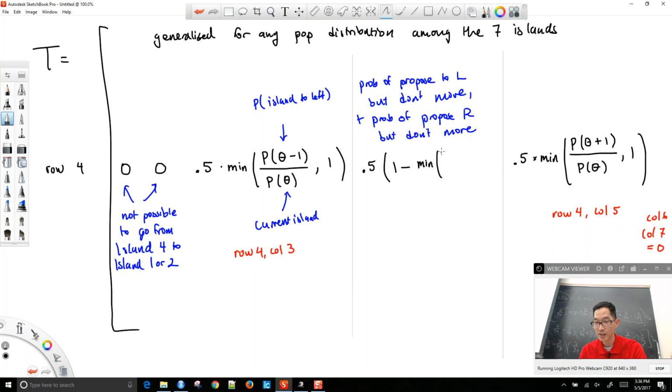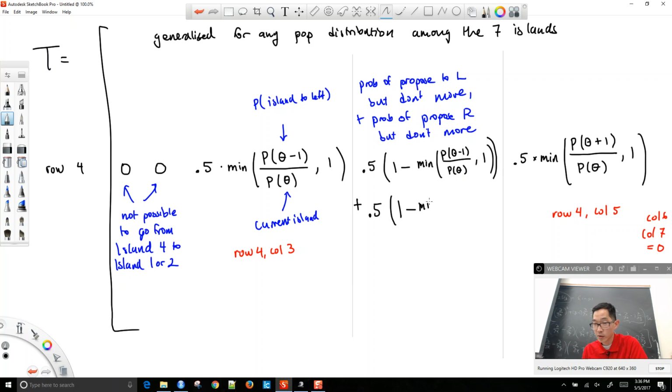So this, it looks a little scary, but it's not. Okay, it's just whatever this number was, we're doing 1 minus that. Meaning that if we move to the left with probability 100%, then this part's going to zero out. Okay? And then we add the probability of moving to the right, but not moving.